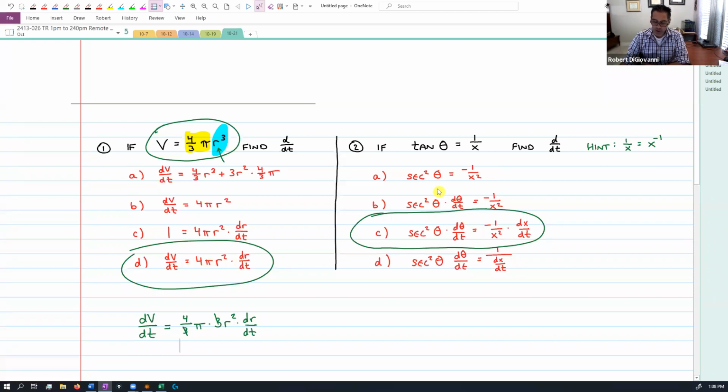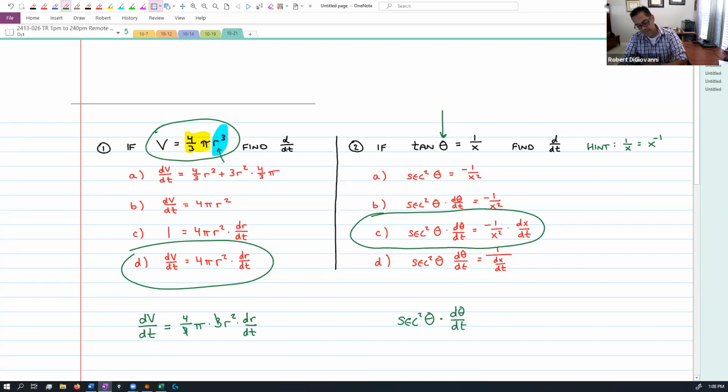Now on the second one, the tricky part was this 1/x, but I gave you a hint. I reminded you that 1/x means x to the -1. So if we differentiate the left side, we first take the derivative of tangent of something, which is secant squared of it, right? Secant squared of theta. But then chain rule says times the derivative of what's inside. So you have to take the derivative of theta with respect to t, which is d theta/dt.